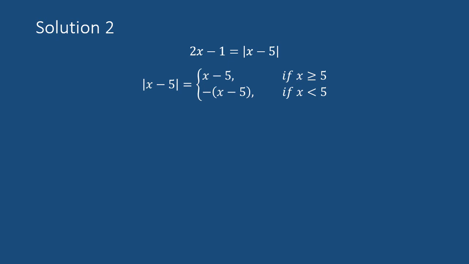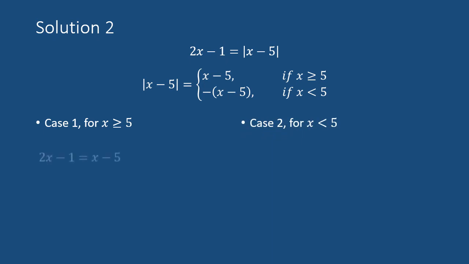The first form is x minus 5 if x is greater than or equal to 5, and the second form is negative x minus 5 if x is less than 5. And then like the previous, we can divide it into two cases.